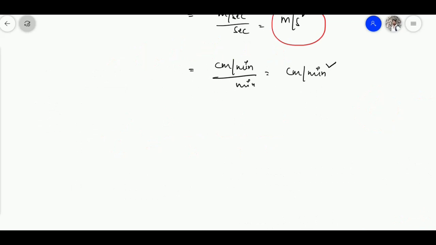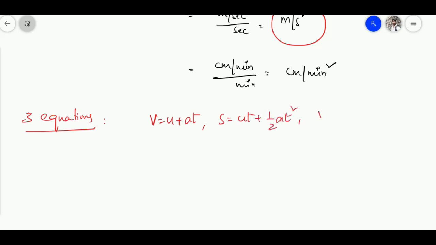And we have three equations of motion. v is equal to u plus at, s is equal to ut plus half at square, v square minus u square equal to 2as. Now we are going to derive these three equations in a very simple manner.